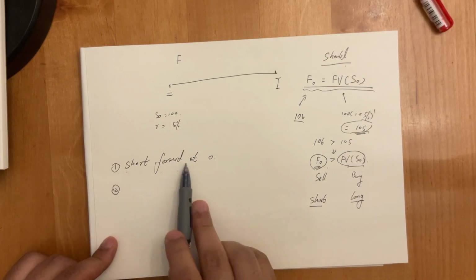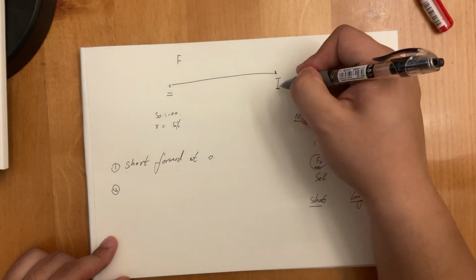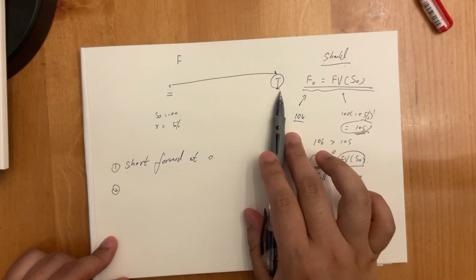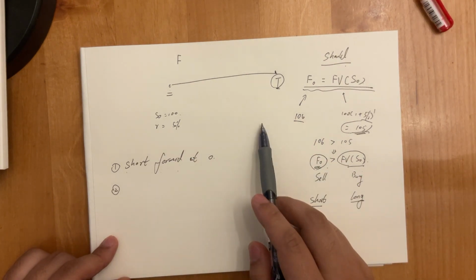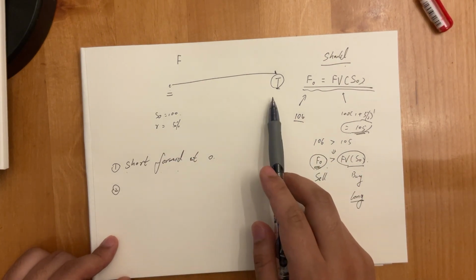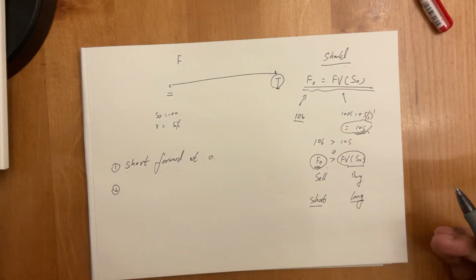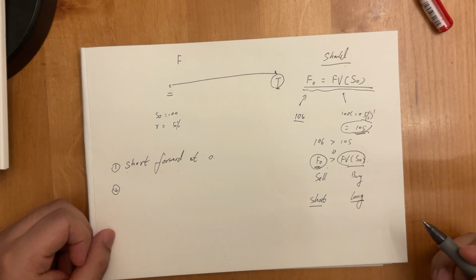Since you already enter into the forward contract and you are doing arbitrage, you are going to sell a specific underlying asset at time t. But right now, you don't have that underlying asset. So you have to buy that asset. And you don't want to use the money. You may have your money, but you don't want to use it.